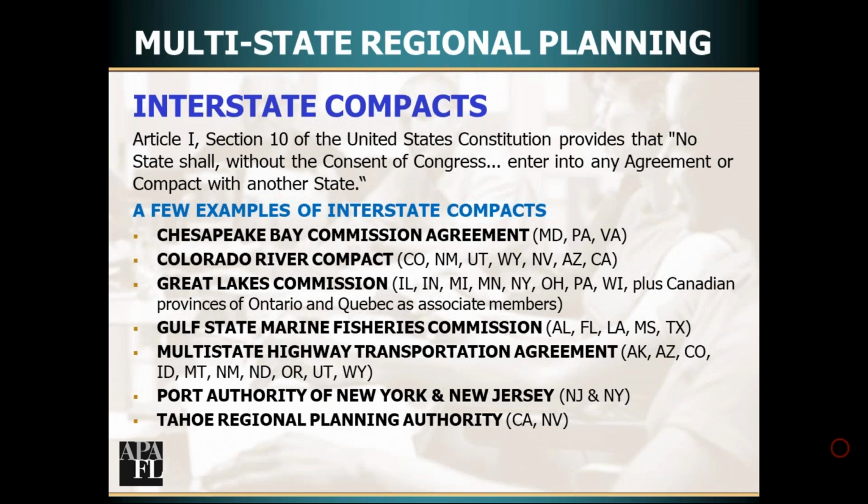Chesapeake Bay Commission Agreement, Maryland, Pennsylvania, Virginia regionally, Colorado River Compact, which we were just talking about, who gets to use the Colorado River. All those states are involved. Great Lakes Commission, the Gulf State Marine Fisheries, Multi-State Highway Transportation Agreement, Port Authority in New York, New Jersey, Tahoe Regional Planning. Those are all examples of interstate compacts.